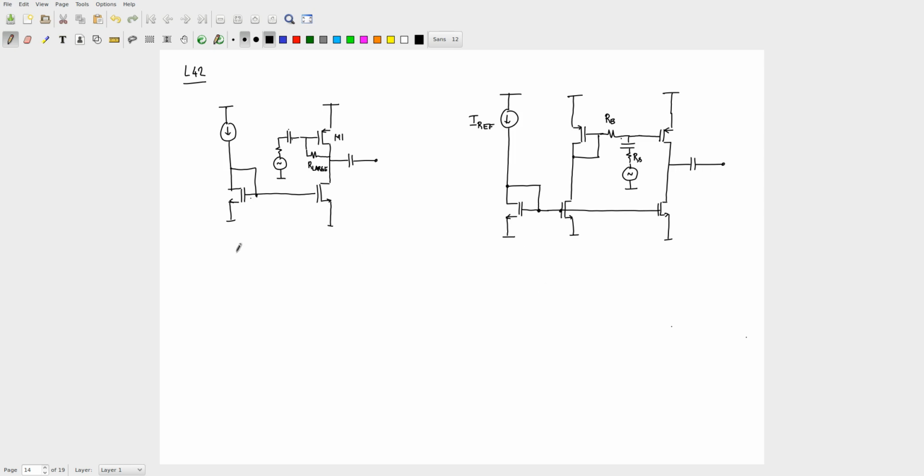So, this is a PMOS common source amplifier with active load. Only difference is M1 biased using drain feedback, and what about this other one?